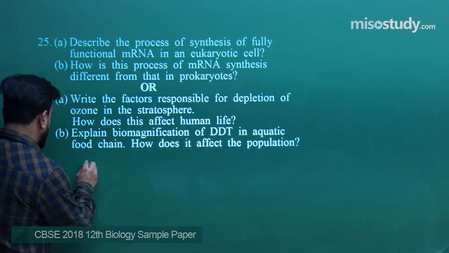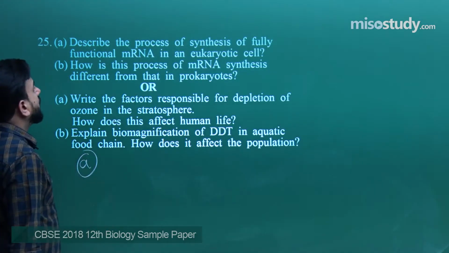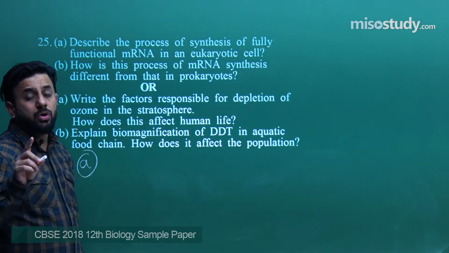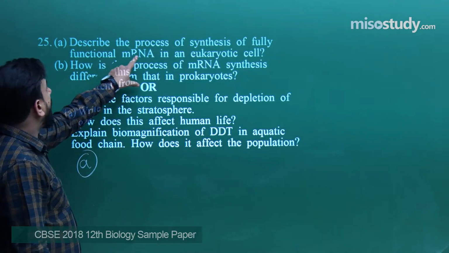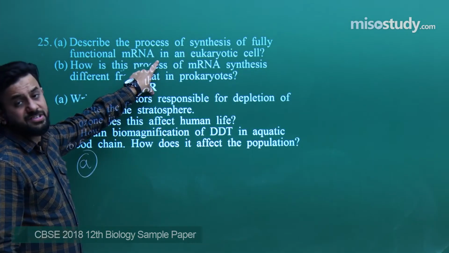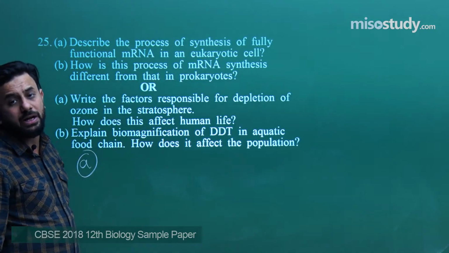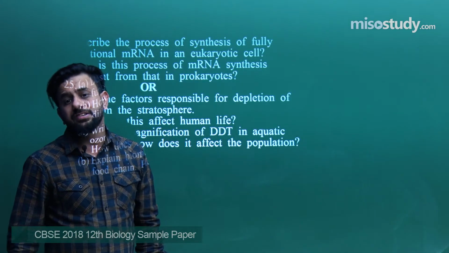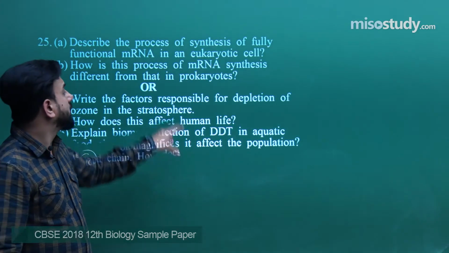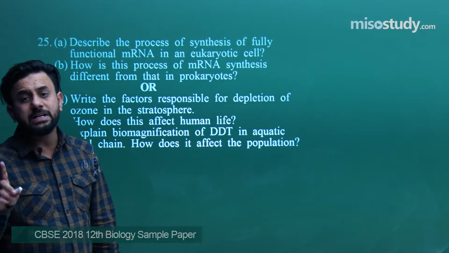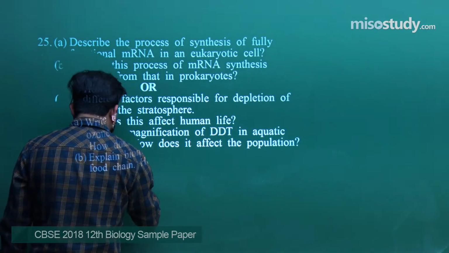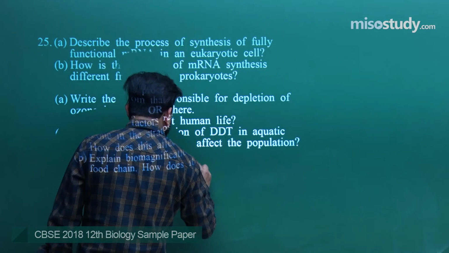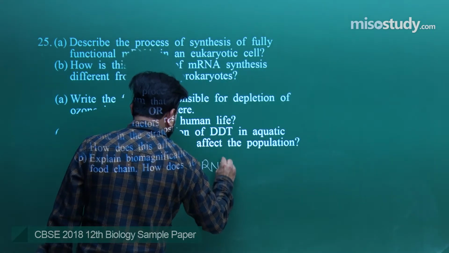So we already know that the process of synthesis of mRNA is called transcription. We know the central dogma of molecular biology, which says that from the DNA the mRNA is synthesized.